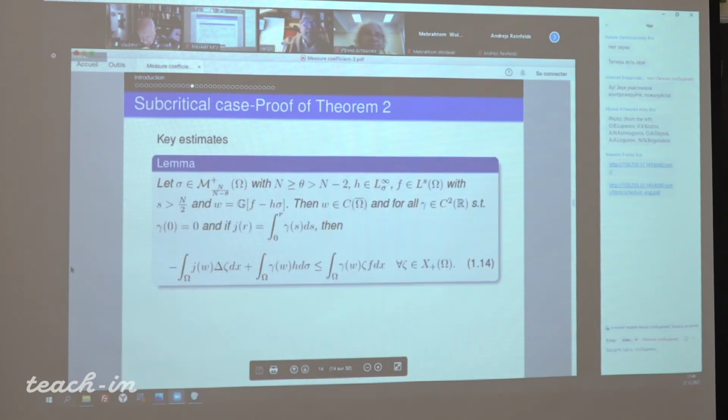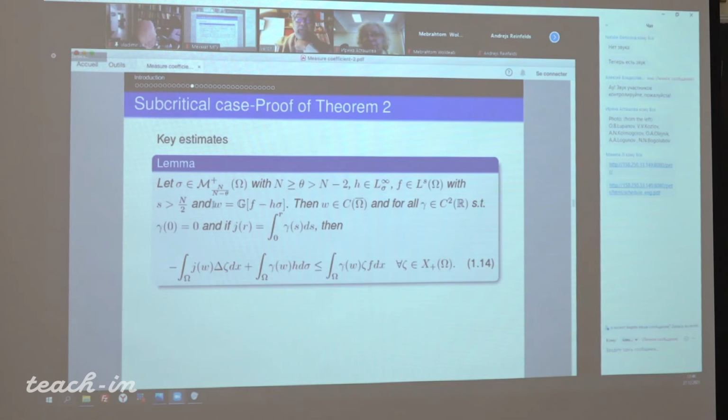Okay. A simple lemma, which I think is very useful for application, is this. We take sigma to be a measure in the space with n over n minus theta, with n bigger or equal to theta bigger than n minus 2, h a function such that h is in L infinity for the measure sigma. F is a function in L^s with s bigger than n over 2.